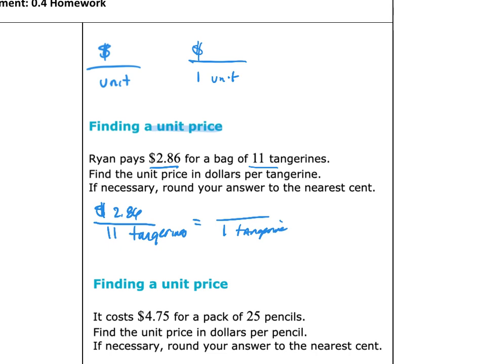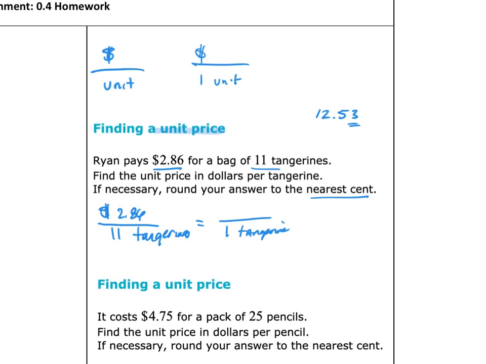They say to the nearest cent, which means to the nearest hundredth. So if you don't remember that, if I have $12.53, that's the cent, the hundredths. So round to the nearest hundredth.